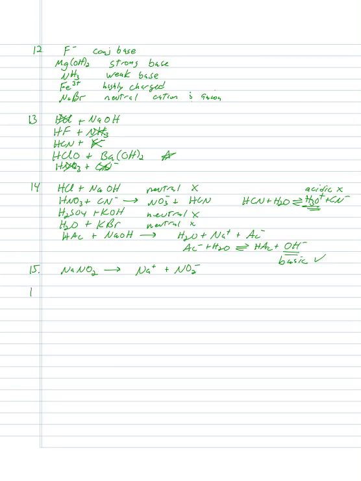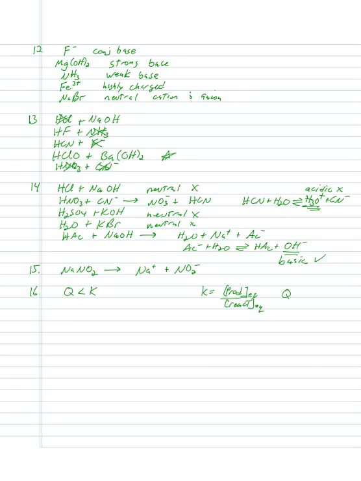We have a situation at some point where Q is less than K. Remember that Q can be taken at any time. K is at equilibrium. But they're both equal to, essentially, concentration of products over concentration of reactants. So those are our equilibrium concentrations.